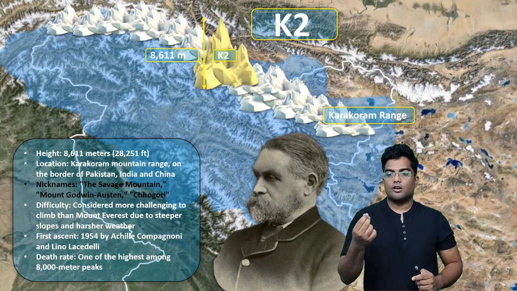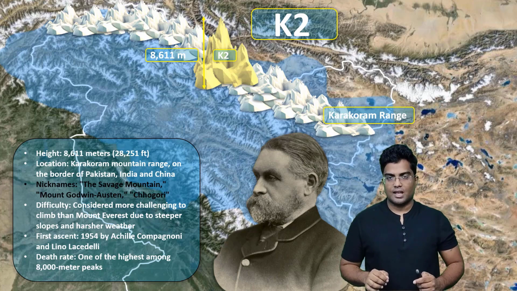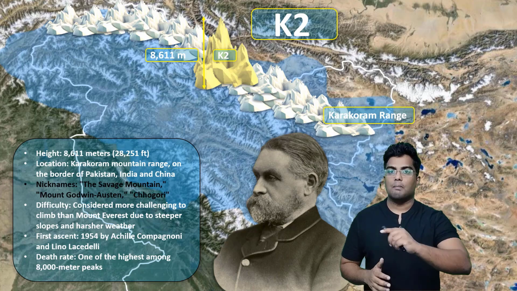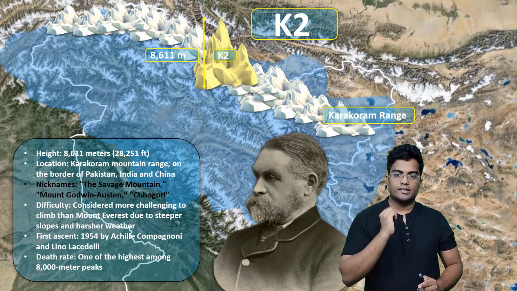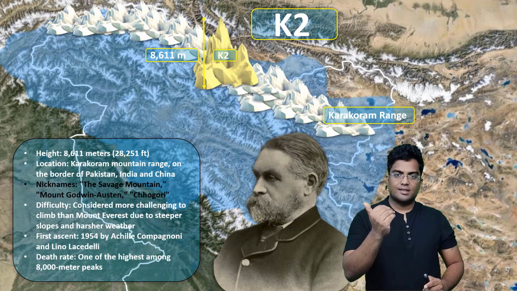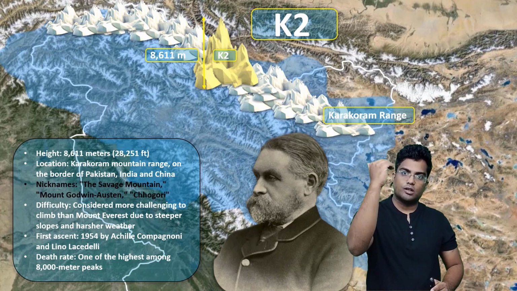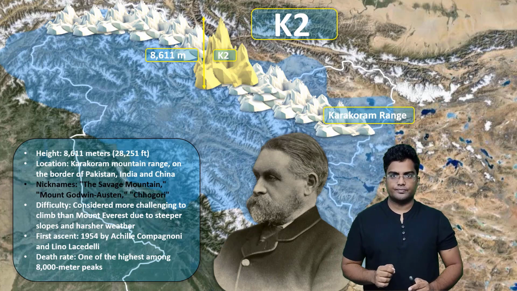It's known as Godwin Austen. So this guy is Godwin Austen. This guy did a lot of mapping work around this area, and that's why this mountain is called Godwin Austen, right? Remember that this guy didn't successfully climb to the top of K2.